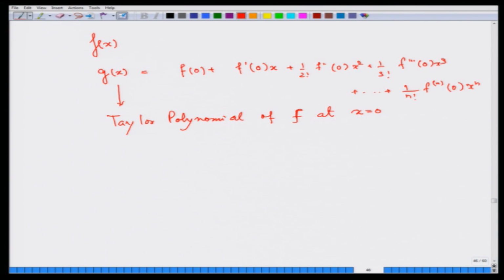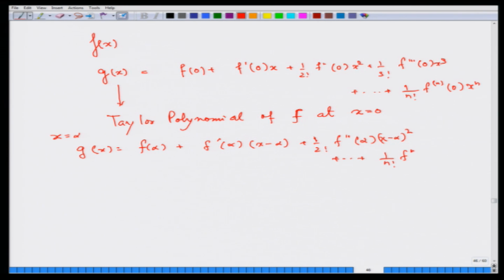Now, if you want to talk about a Taylor polynomial at some alpha, then you have to write g of x equal to f of alpha, the Taylor polynomial at x equal to alpha, plus f dash at alpha into x minus alpha, the same thing, plus 1 by 2 factorial f double dash alpha x minus alpha whole square, up to 1 by n factorial f n alpha x minus alpha to the power n.